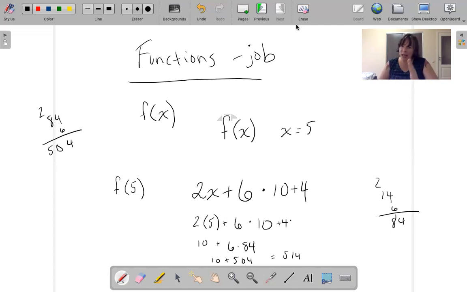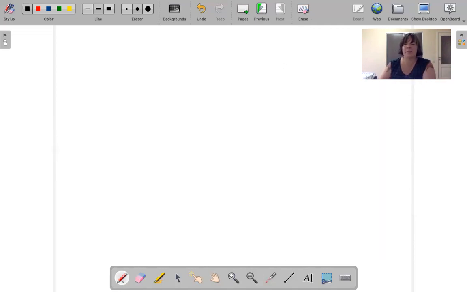So I'm going to back up, and I'm going to go a little slower this time. Let's say f of x equals 2x plus 8 when x is 9.